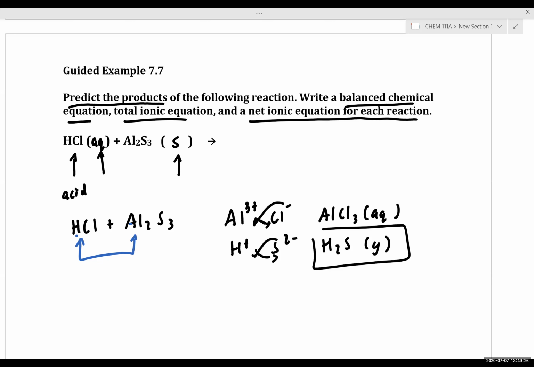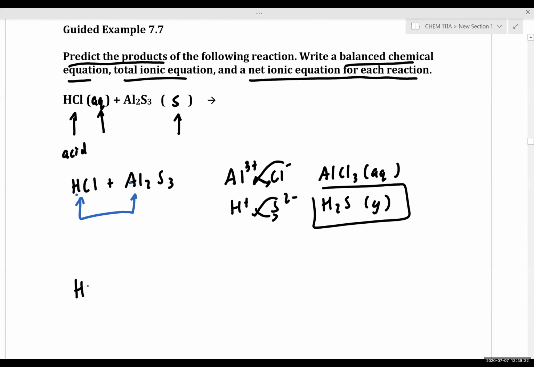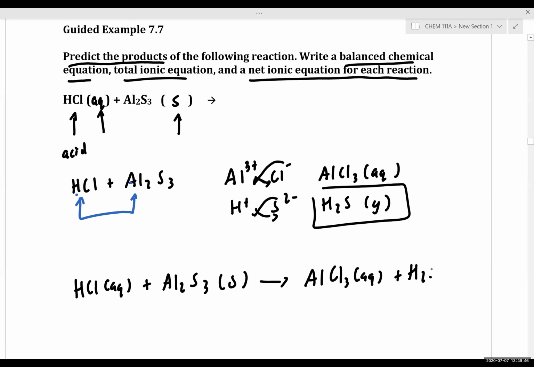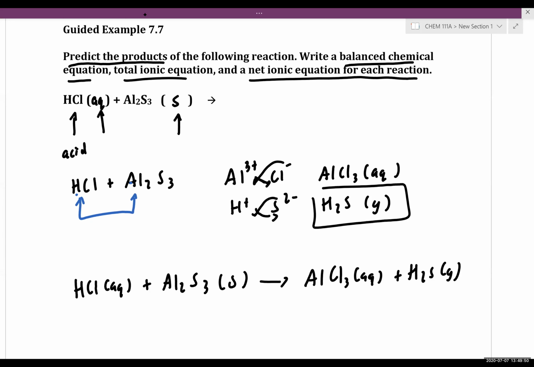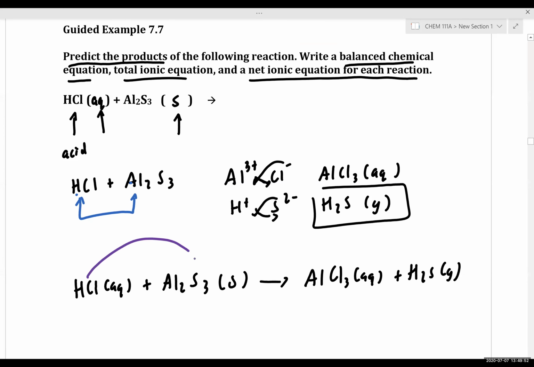Okay, so now that we have this proposed product scheme, let's write out our chemical reaction. And now let's try to balance our chemical equation. So in effect, what has happened in this acid-base reaction is that we have donated H+ from hydrochloric acid to sulfide.